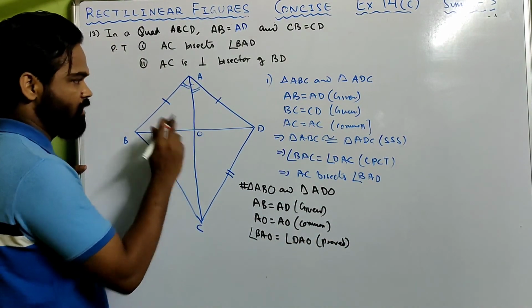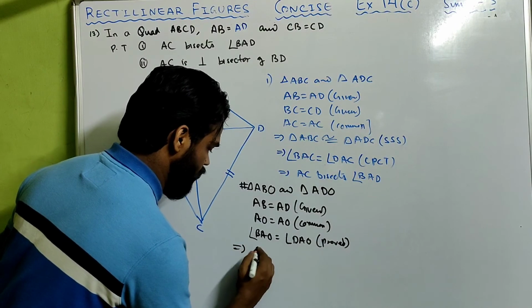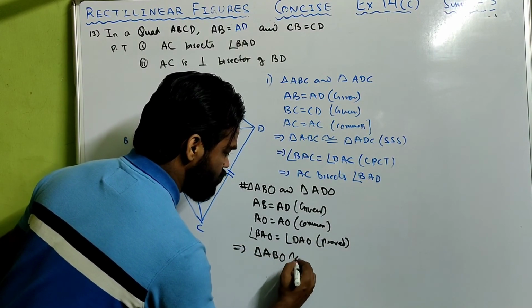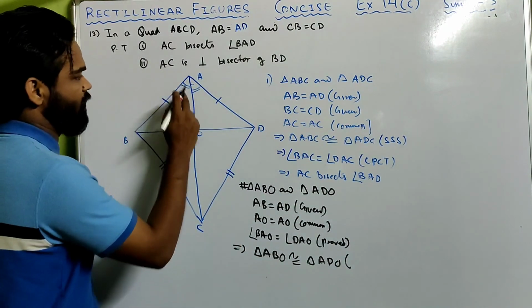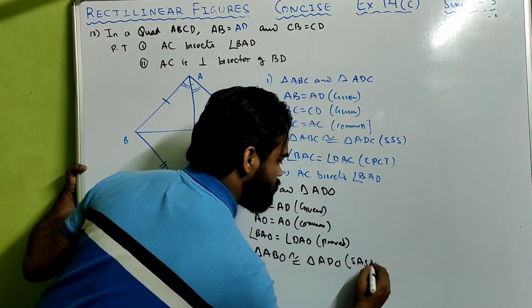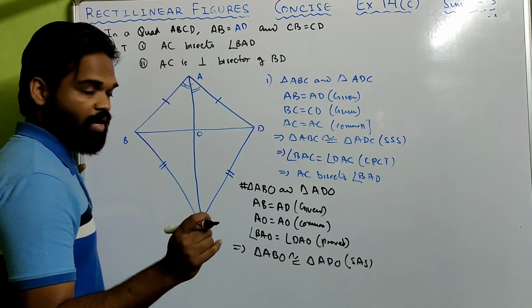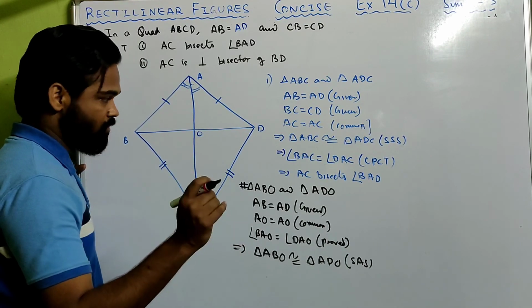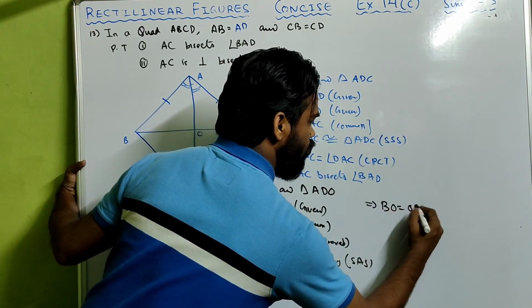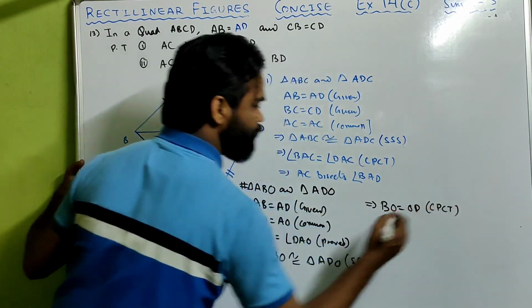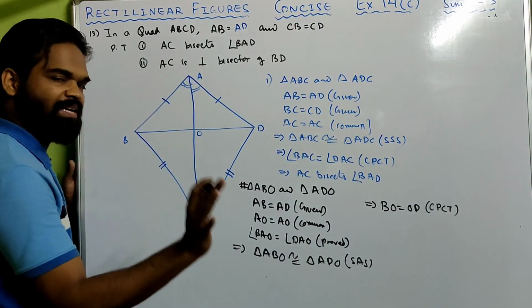Which means these two triangles are congruent. Triangle ABO is congruent to triangle ADO, and the reason is side angle side. So if these two triangles are congruent, then BO equals OD, that's CPCT. Which means AC bisects BD.